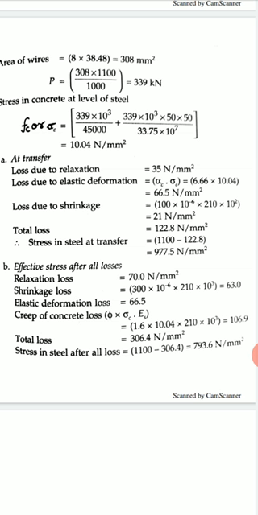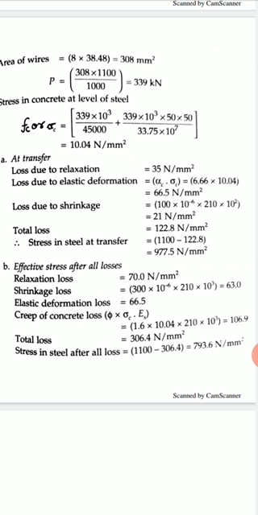So guys, here see the difference. Applied stress was 1100, whereas after taking into account all the losses, we have ended up with the value of 793.6. Now if you want to find the percentage, what has to be done is 793.6 divided by 1100 multiplied by 100 gives you the percentage.